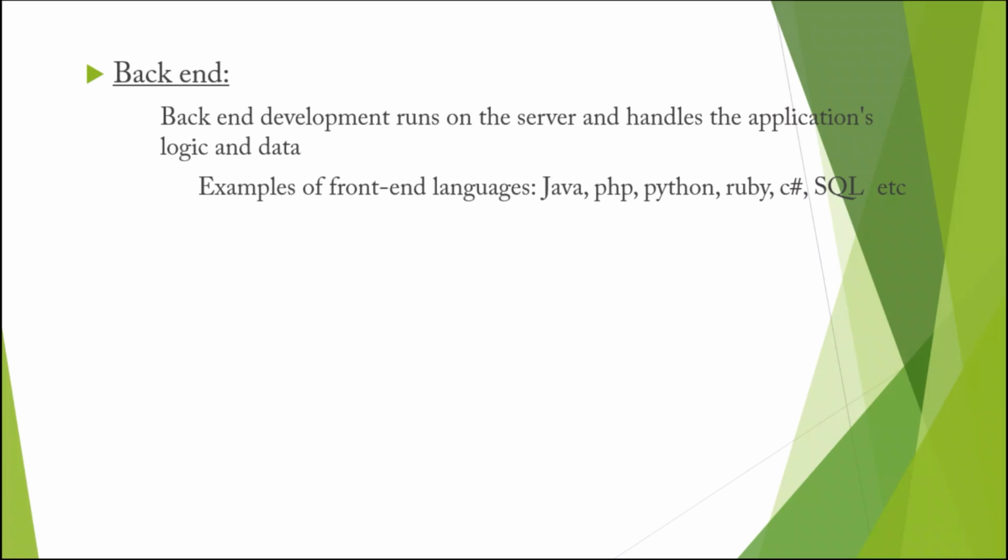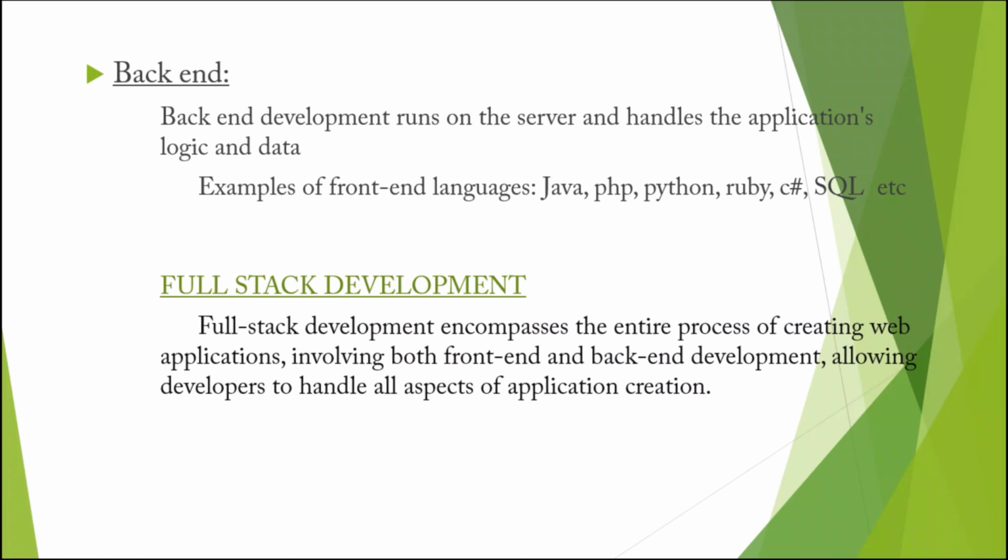So we have Python, Ruby, C Sharp, and SQL, that structured query language. So when we talk about this, we're done with front and back end development, and the last constituent is full stack development. So what is full stack development?